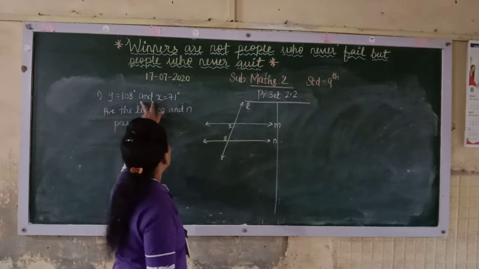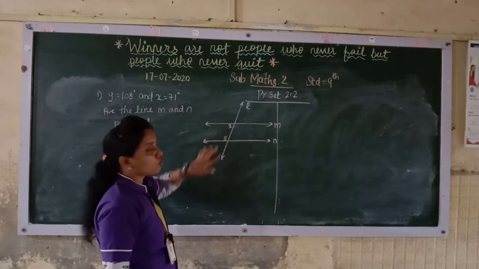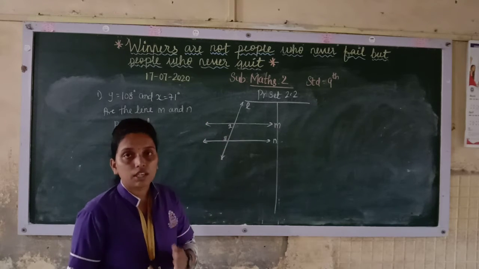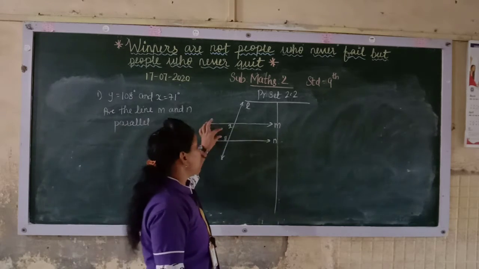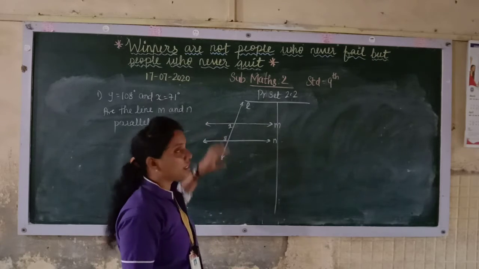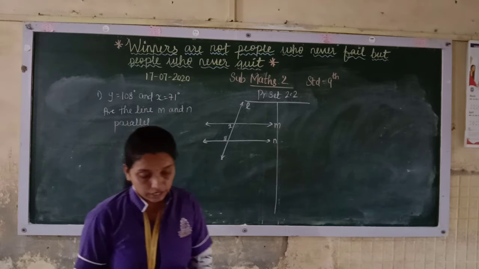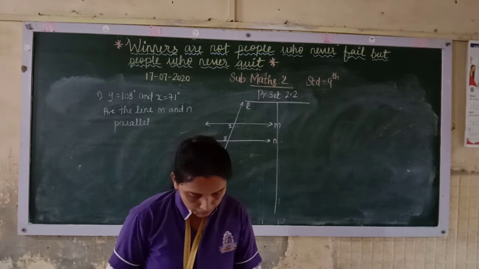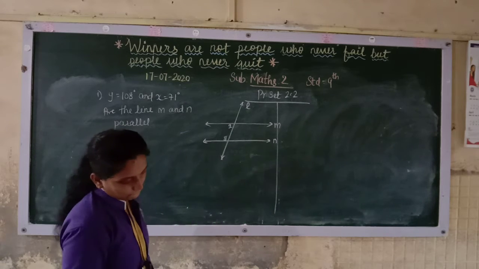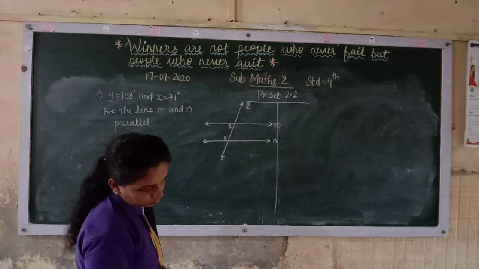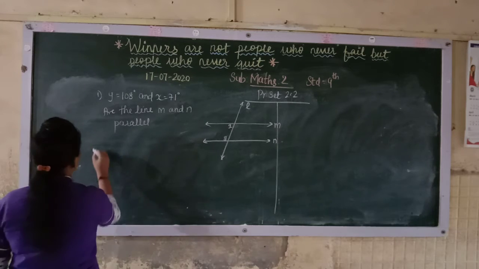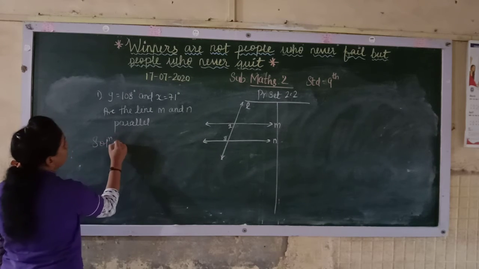Both the values are given. If you add these two and you get 180, it means these are interior angles, so the two lines will be parallel. But you have to add and see. If it is not coming there, it will not be parallel.